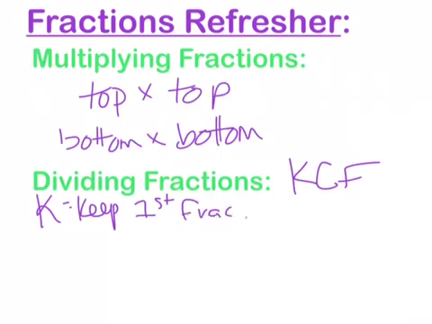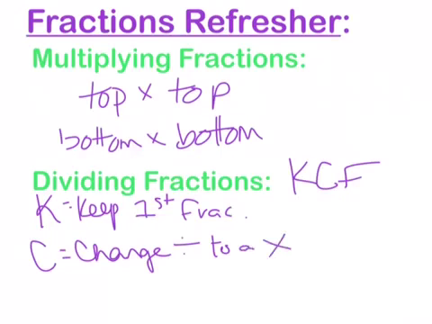Then we had our C for change, because we have to change the divide to a multiply. And the last one was flip, because we flip the second fraction. Once we've done all of that, you have to multiply across, which is top times top, bottom times bottom.